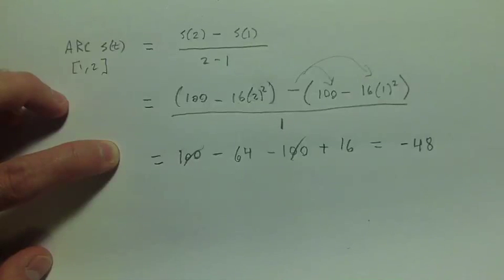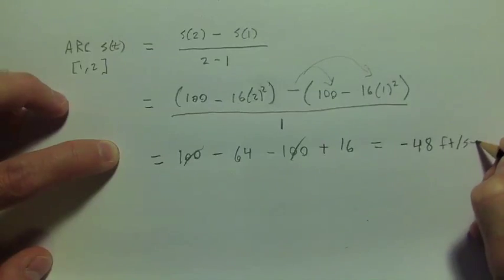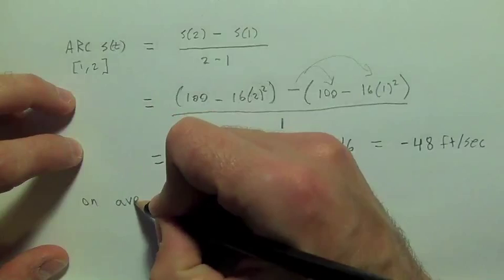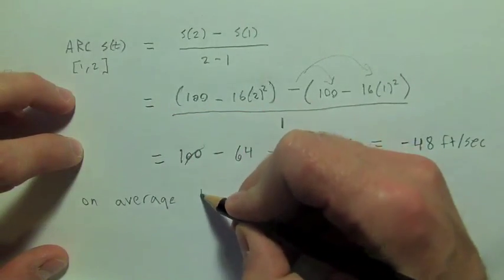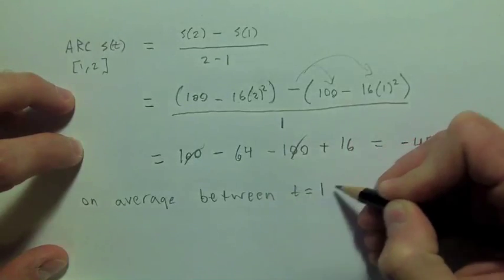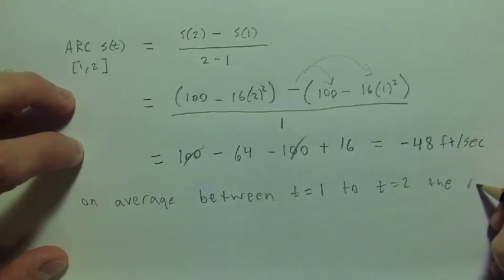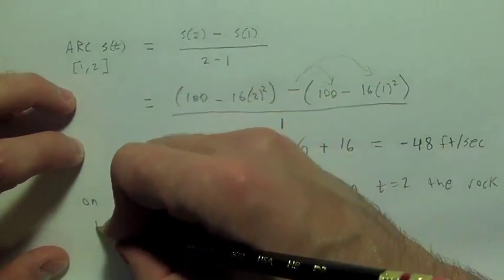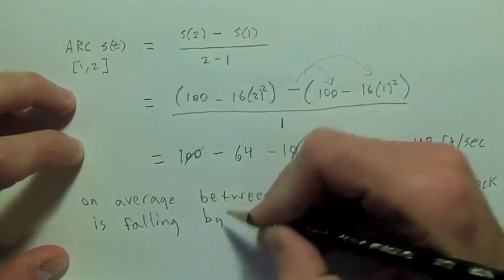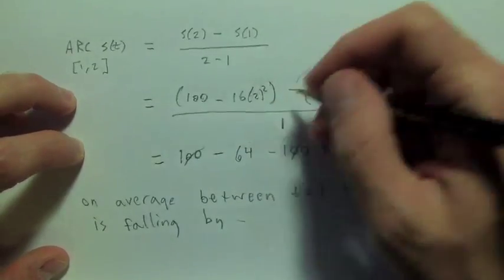Okay, so negative 48 what? Feet per second. Okay, so on average, between t equals 1 to t equals 2, the rock is falling by 48 feet per second. Whoops, I shouldn't put negative in there because I already say it's falling.